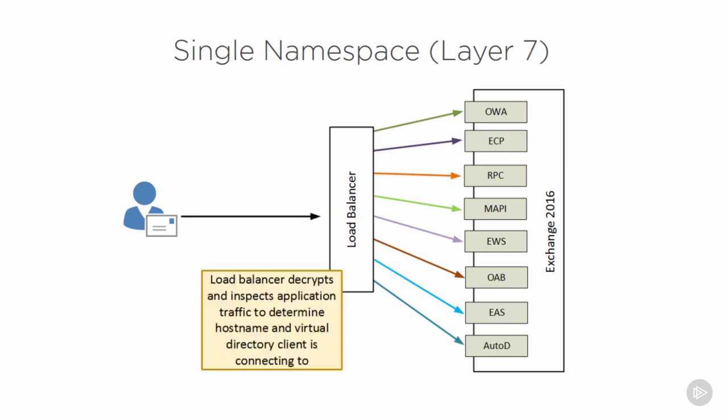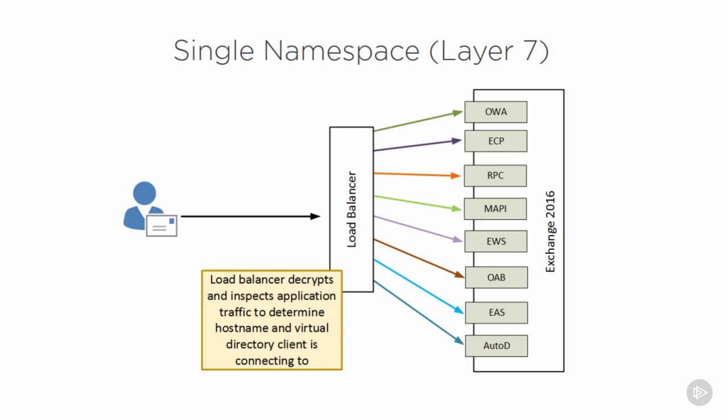So if you need that full level of granular health checking, then a single namespace layer 7 model might be more appropriate. With this model, because we're operating at layer 7 and because the load balancer is performing SSL termination, the load balancer is able to decrypt and inspect that application traffic, and it determines the host name that is being connected to and the virtual directory that the client is connecting to.